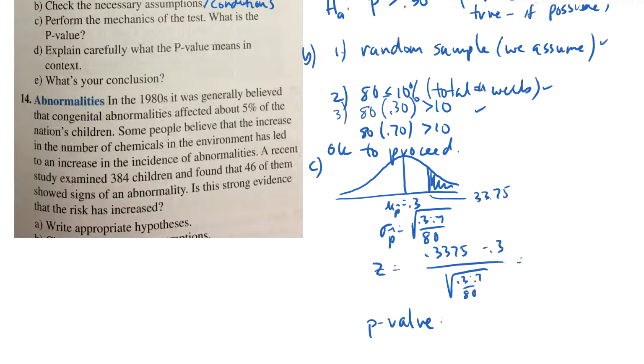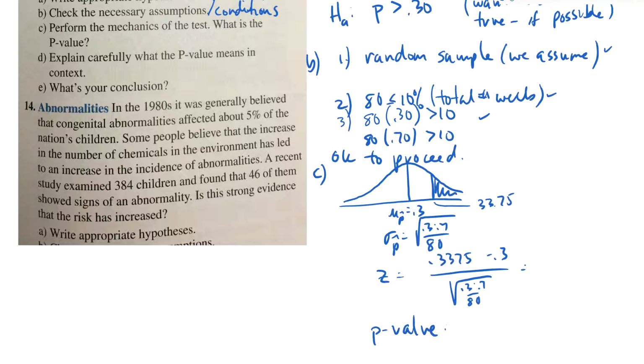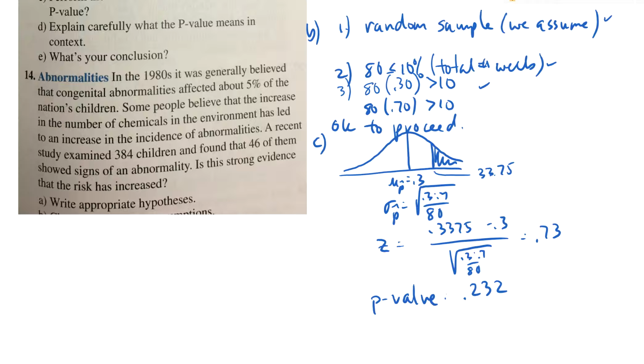And we want to test to see if it's greater than 30%, so greater than P0. And I get a z-score of 0.73, and my p-value is 0.232. Okay, so what does this mean?